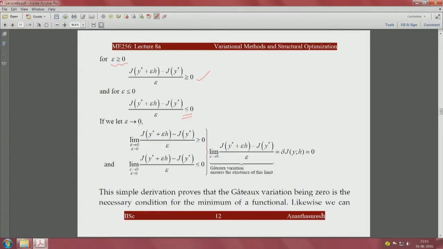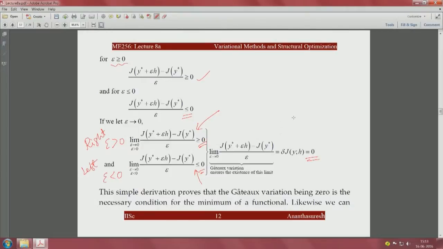If we let epsilon tend to 0, here we are saying epsilon is greater than 0, here epsilon is less than 0, that is we are approaching 0 from the right side, that is epsilon greater than 0, and here it is the left side, we are coming this way. This says greater than or equal to 0, this less than or equal to 0. What should it become? It should become greater than or equal to 0, right.